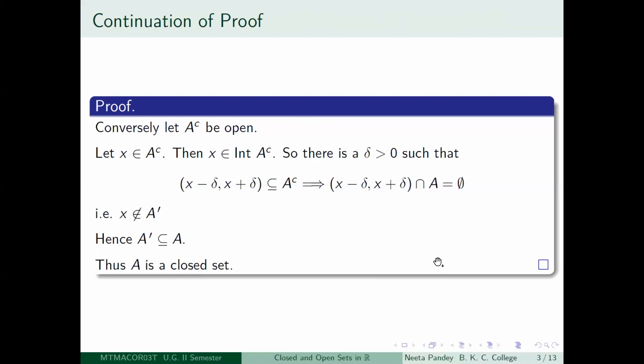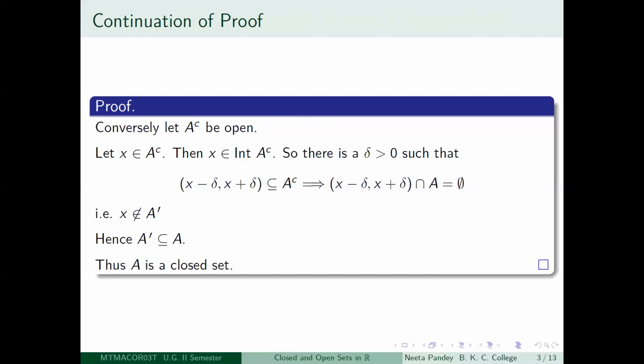So if you take two sets capital A and capital B, then the complement of A union B is the complement of A intersection the complement of B, and the complement of A intersection B is equal to the union of A complement and B complement.